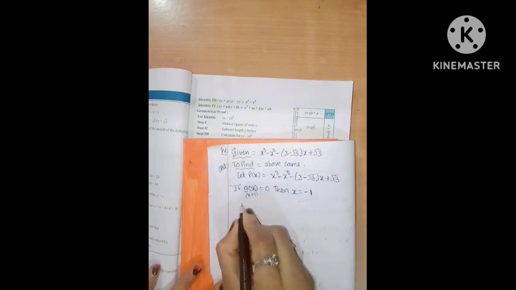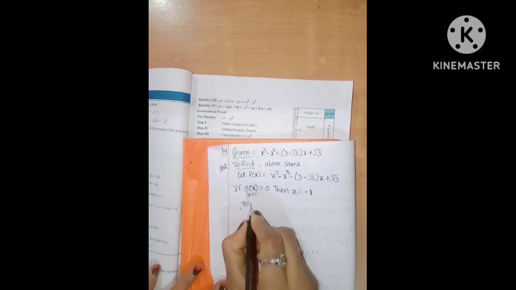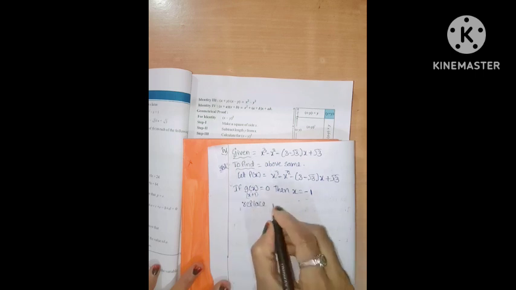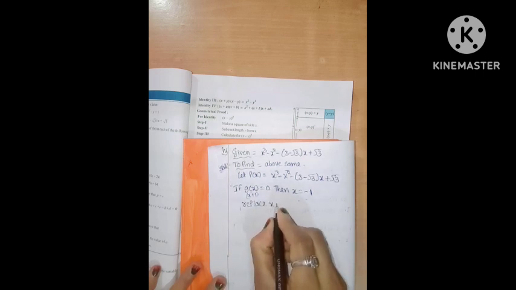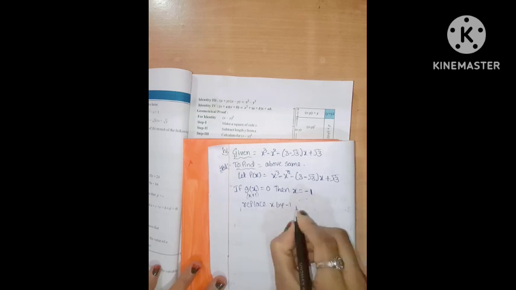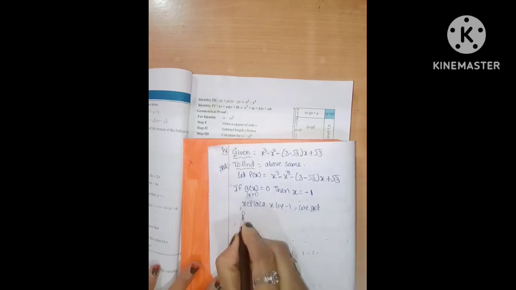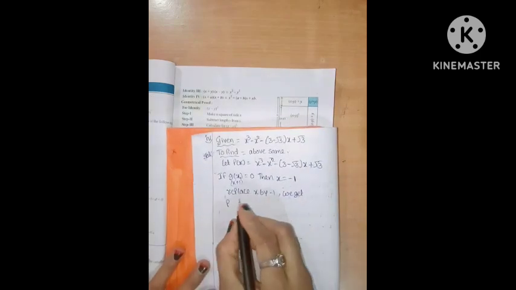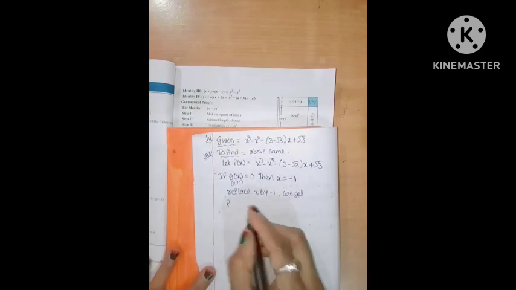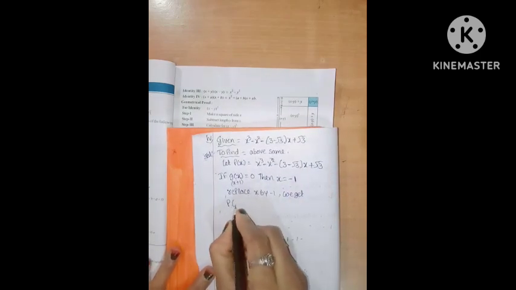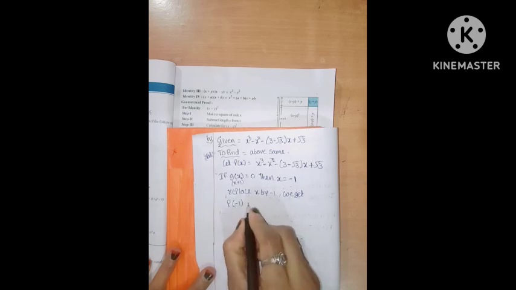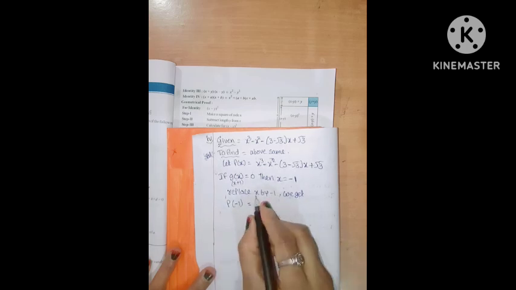So next, replace x by minus 1. What will we get? In place of x we write minus 1, substituting the x value in the above polynomial.